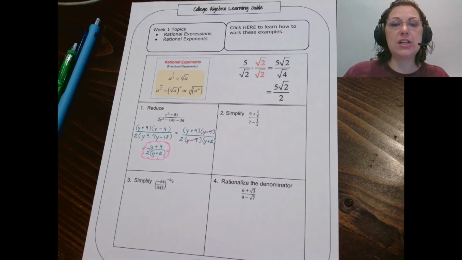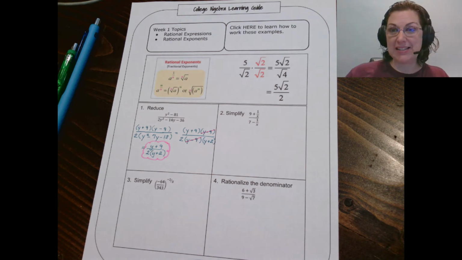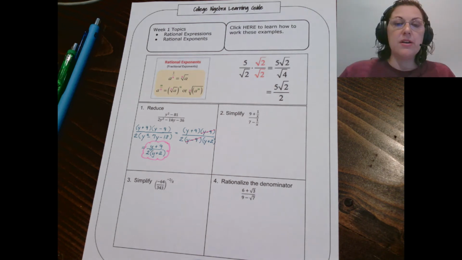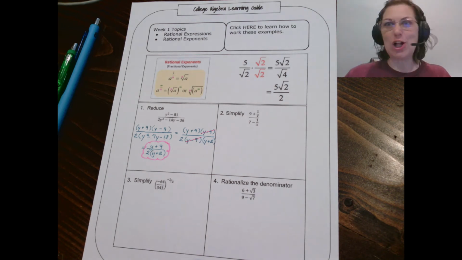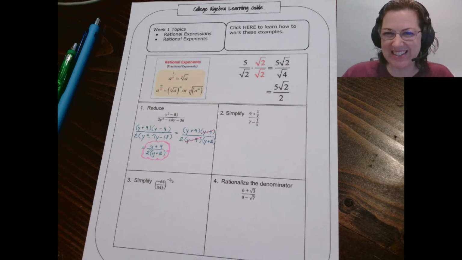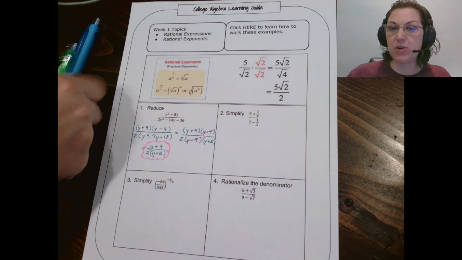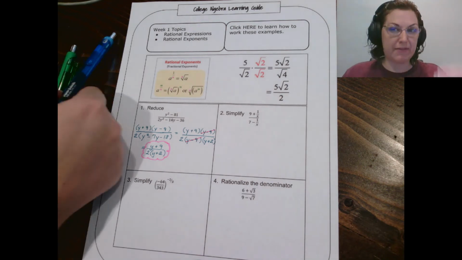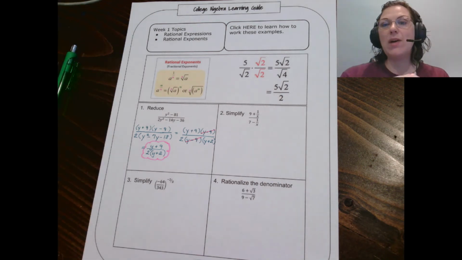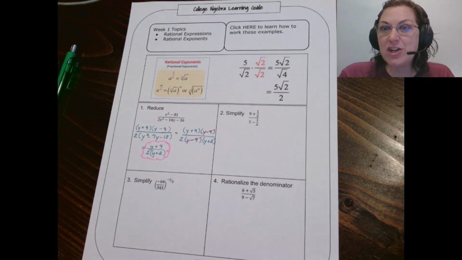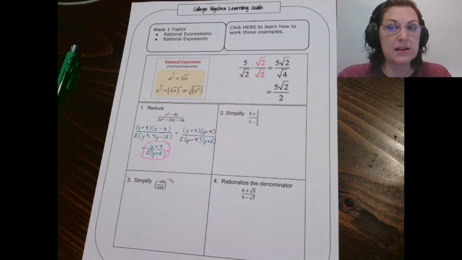Okay, let's look then at number 2. And again, this is simplify. Simplify is an all-encompassing word sometimes. But I want you to see this one because you have a fraction inside of a fraction. The way you get rid of a fraction inside of a fraction is you multiply by the common denominator.